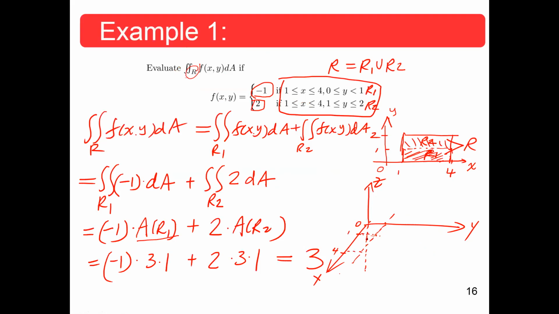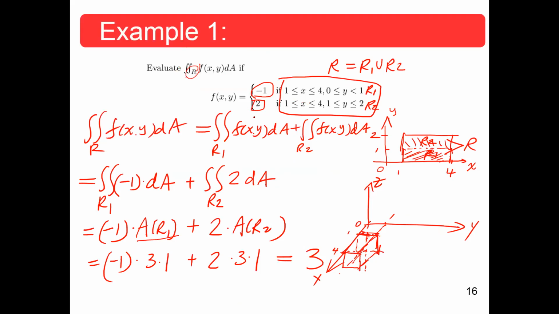So can you imagine you're going to have a box going down, because this is the base, and then the height will be -1, so it's going down. So the first solid will be completely under the xy plane. This is the first solid.